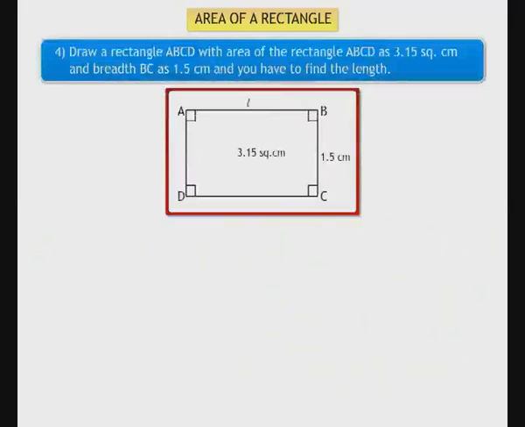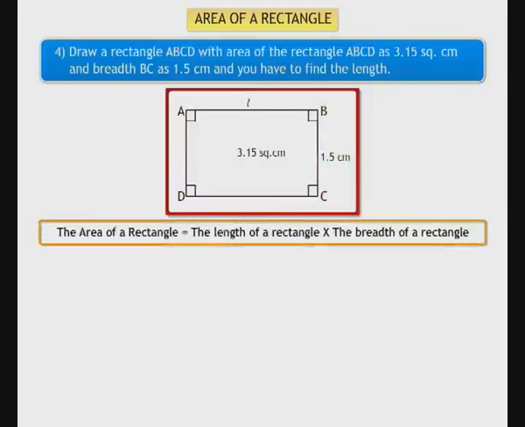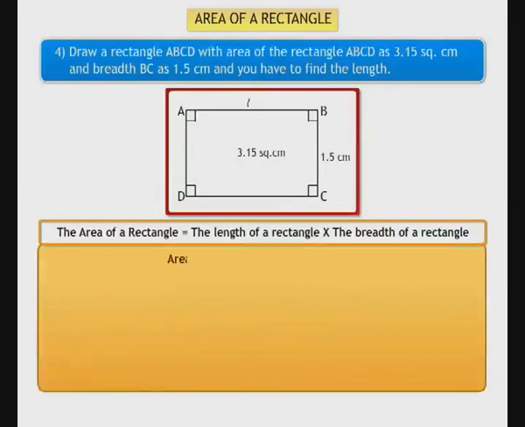Area of rectangle ABCD is equal to length AB into length BC. Substituting, we get 3.15 square centimeter is equal to length AB into 1.5 centimeter.